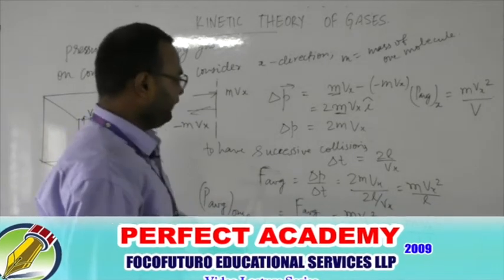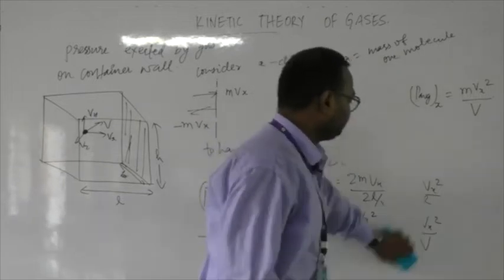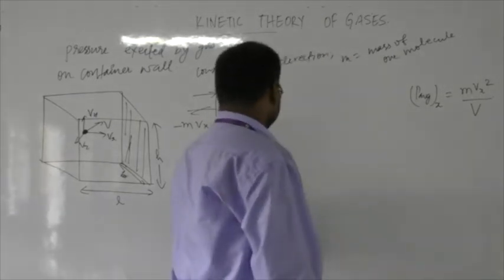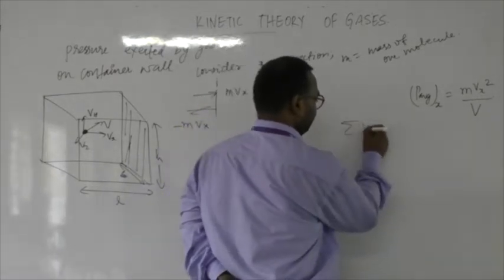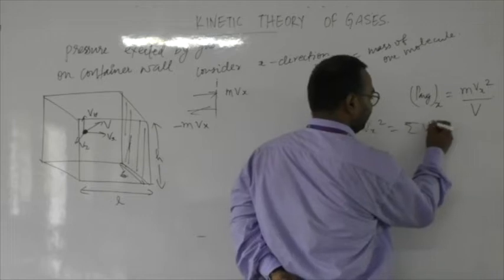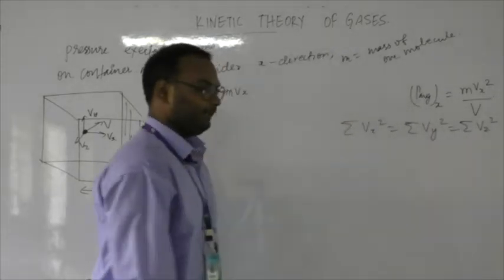Now, similarly, we can write for Y and Z also. Vx square, Vy square, and Vz square will all be the same.